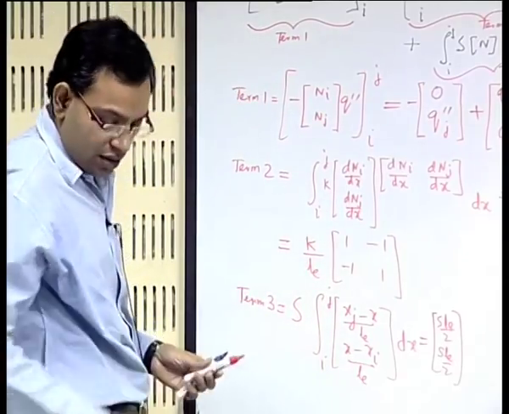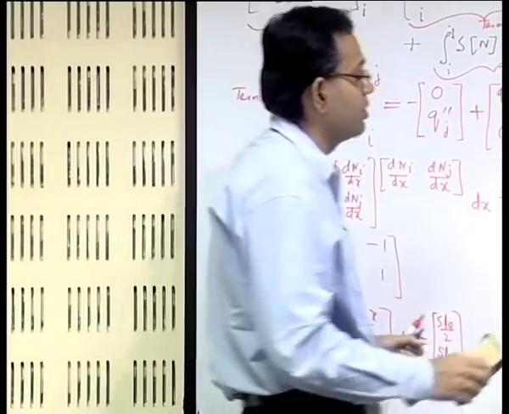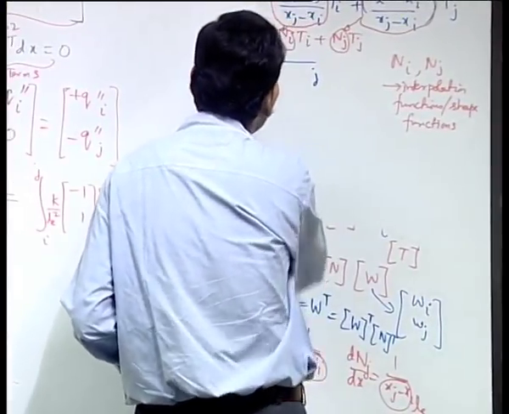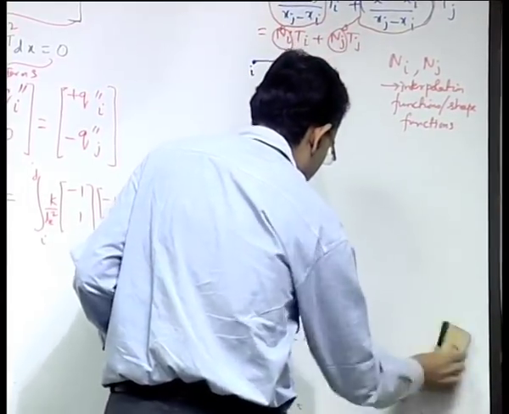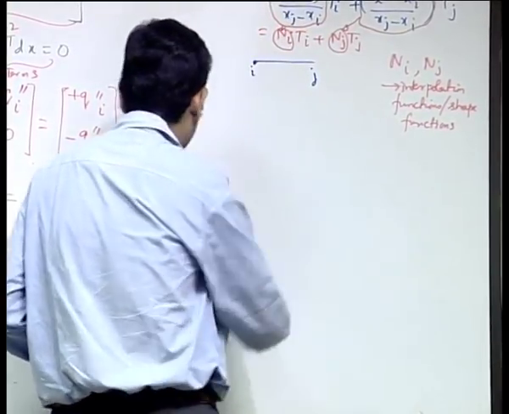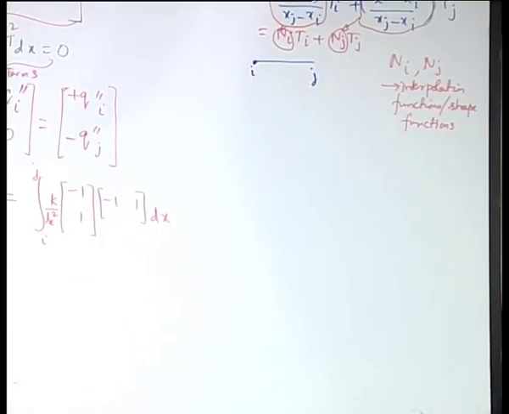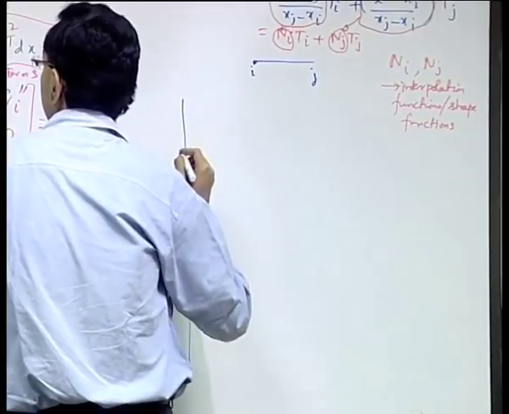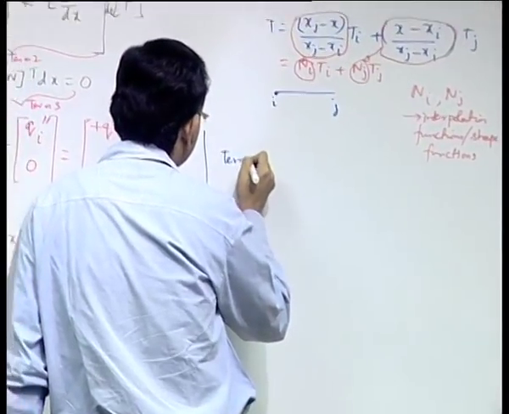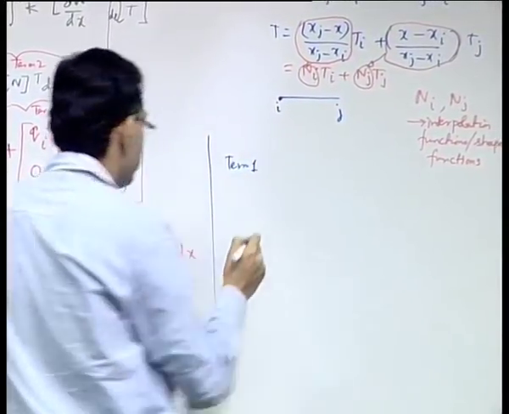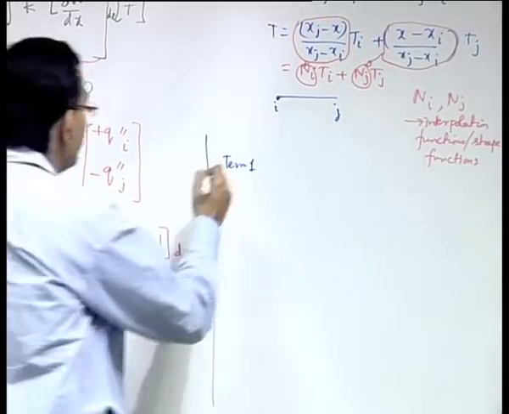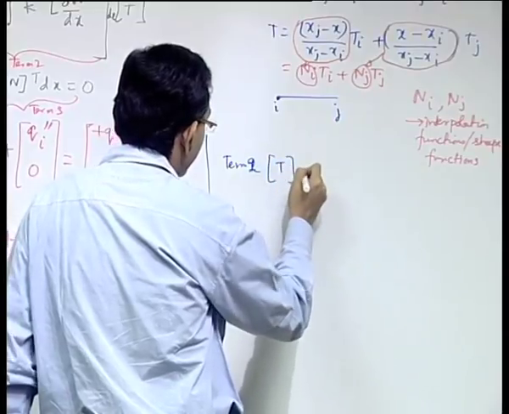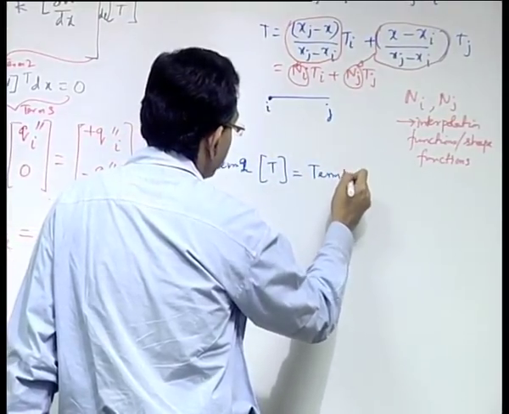Now, let us assemble this equation. So, what is our equation? Let us write term 2, take it on one side: term 2 into T is equal to term 1 plus term 3.